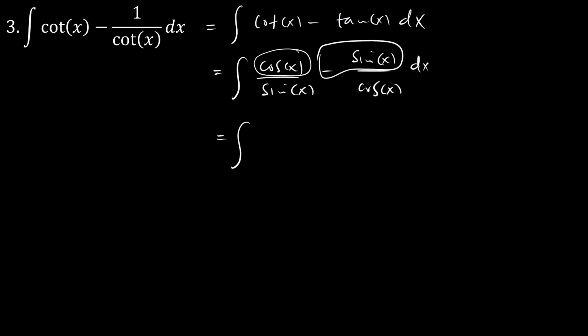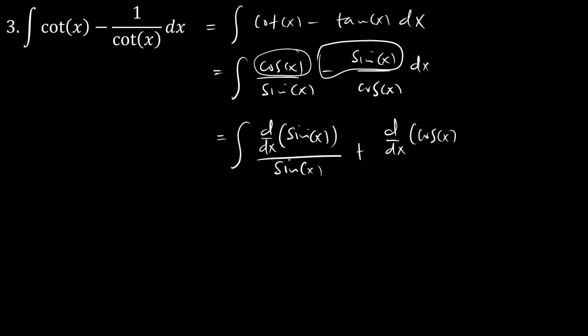So we'd express this as the integral of the derivative of sine of x over sine of x plus the derivative of cosine of x over cosine of x.